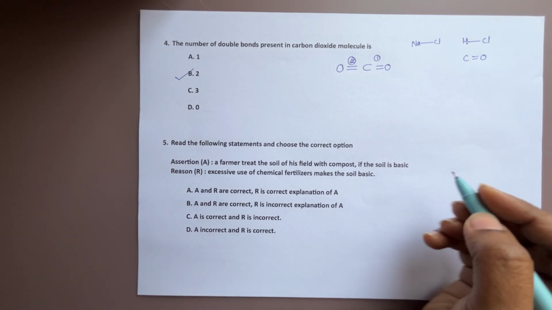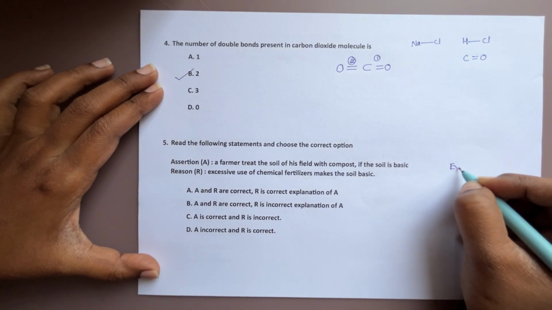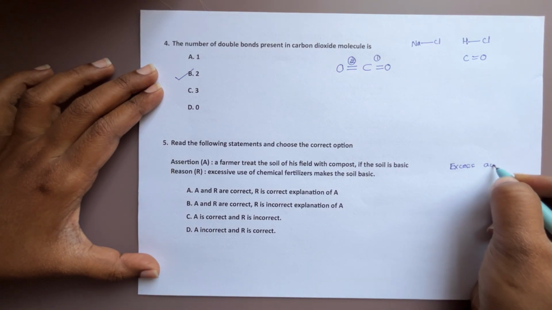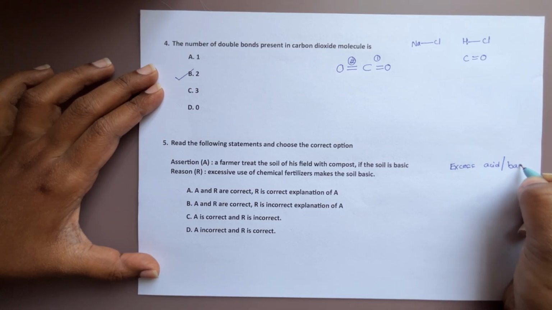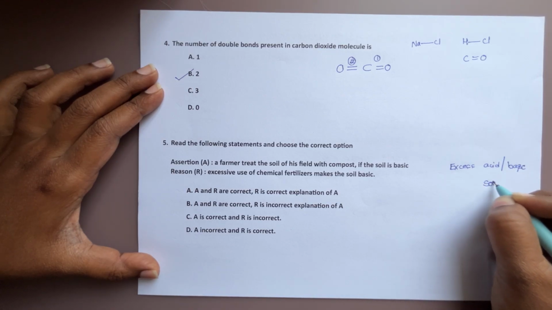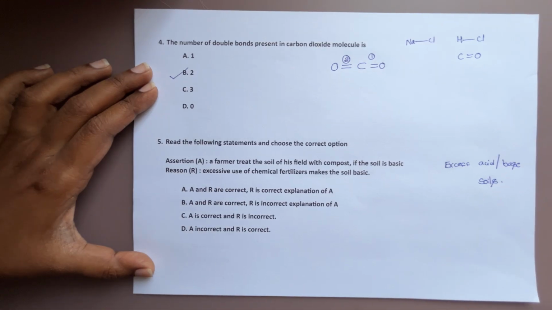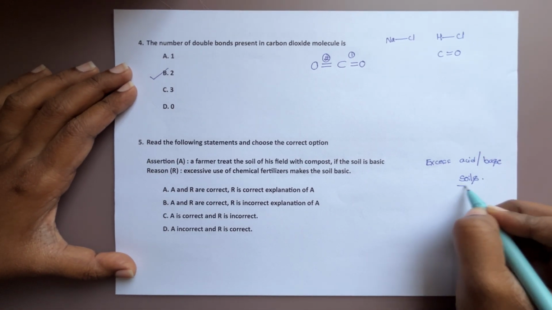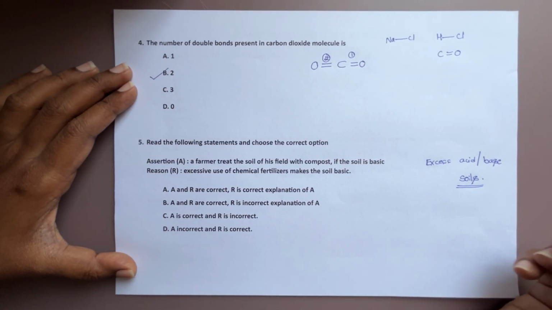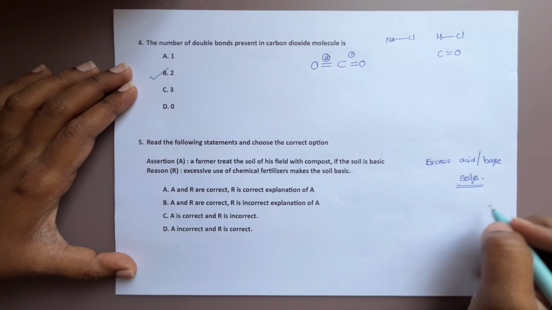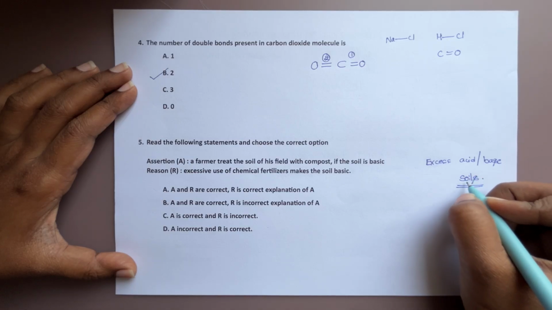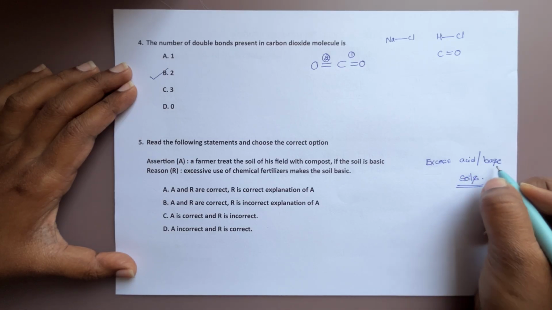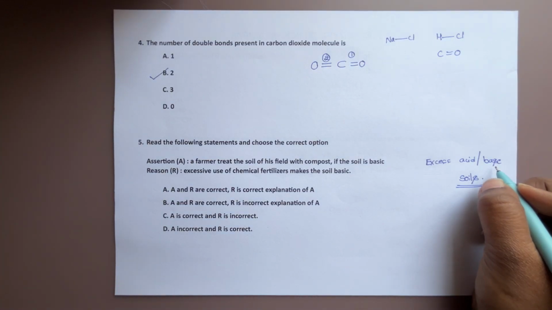Usually, soils with excess acid or excess base are useless for crop production. To treat the soils, we need an optimum pH; too acidic or too basic is not useful.